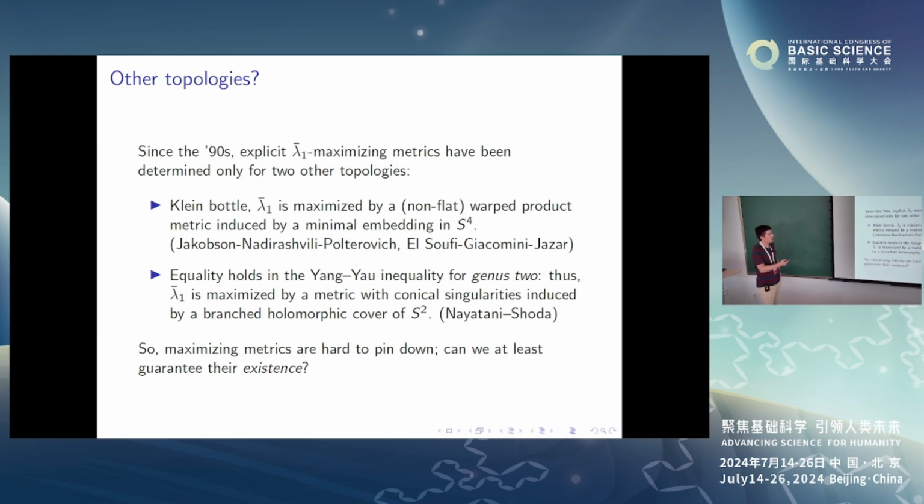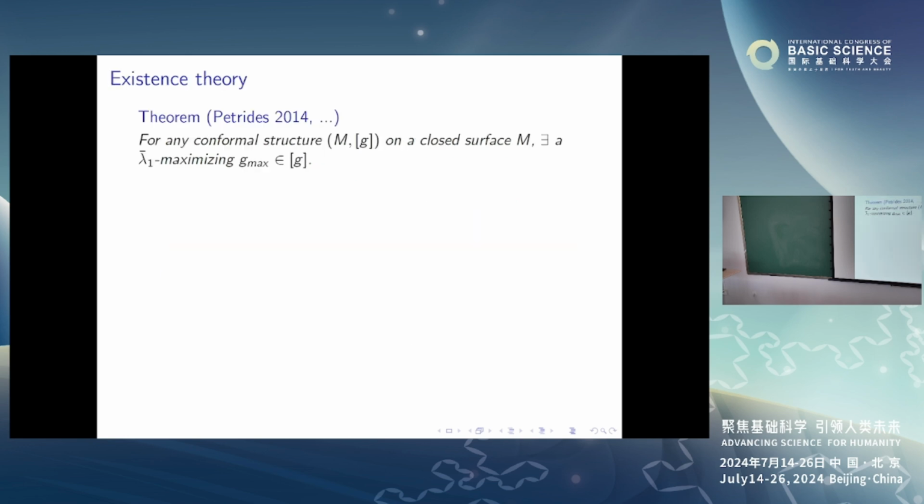Actually pinning down precisely the maximizing metrics is a hard problem. Can we at least say that they exist, and then later on, as our classification results for minimal immersions by first eigenfunctions improve, maybe we can try to say things more explicitly. So what about existence? Well, the conformal story is thankfully well understood in the last decade. There are now several different proofs, but the first major one was by Petrides.